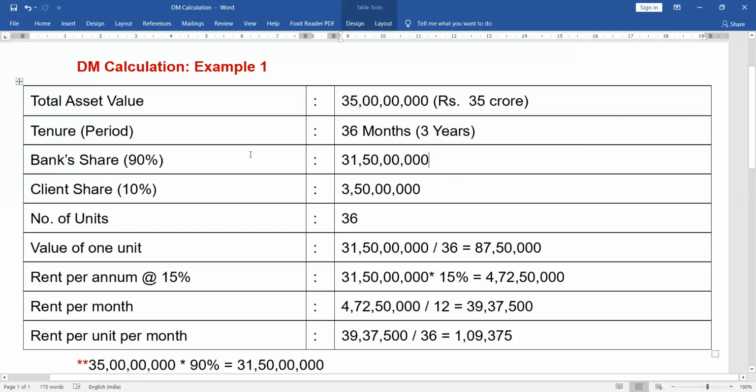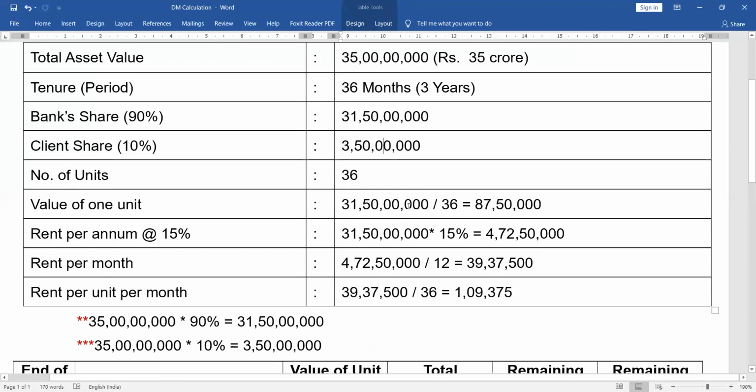Likewise, 10% of 35 crore is 3 crore 50 lakh. Now this is the bank share: 90%, 31 crore 50 lakh.